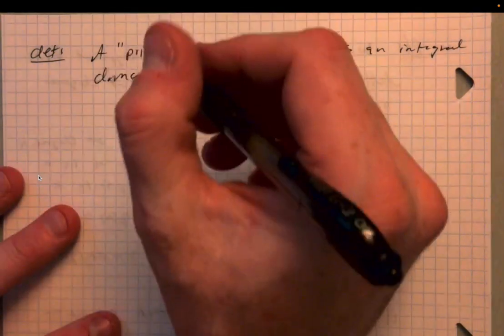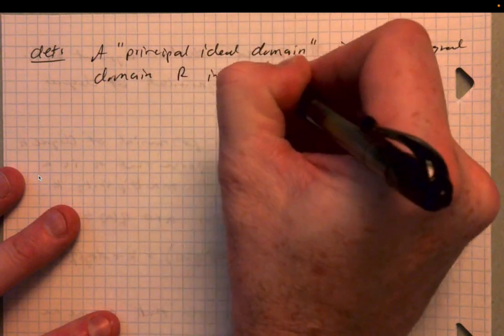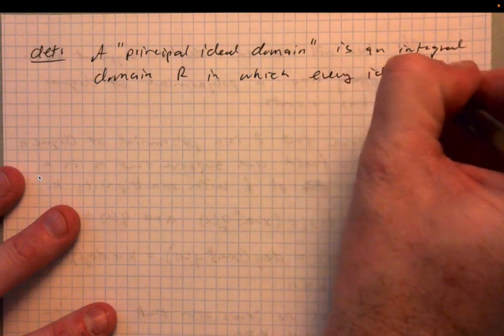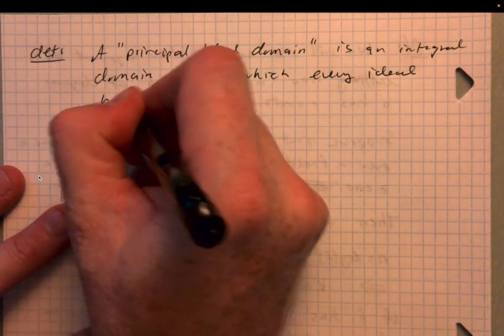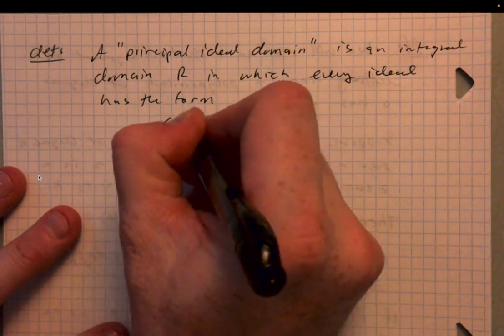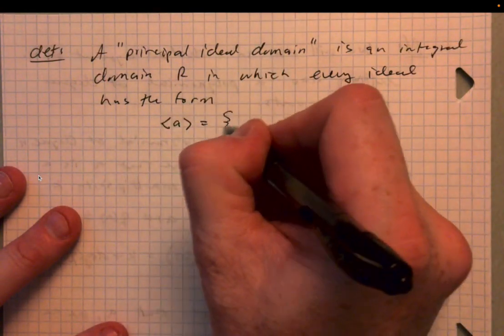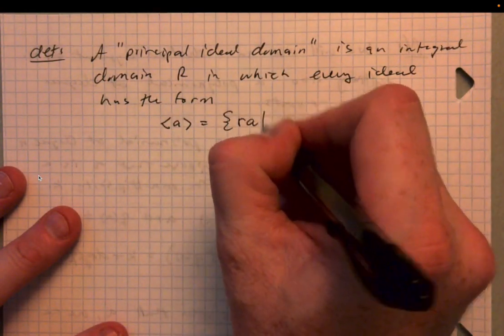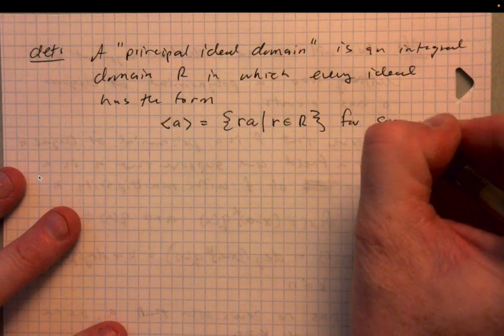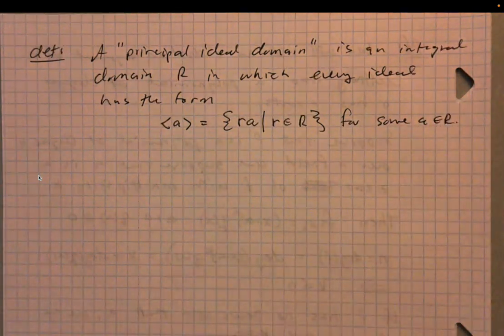So a principal ideal domain is an integral domain R in which every ideal has the form A equals R times a, such that r is a ring element for some a in R. Right, so every ideal in the ring is going to have this essential form.